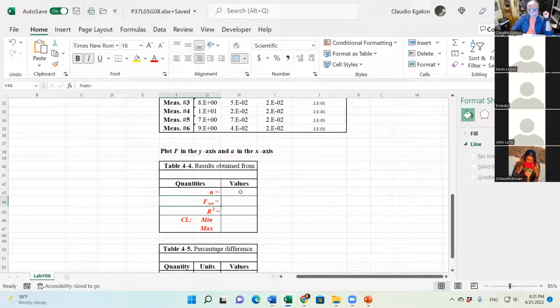From the chart. Six data points, right? F net is the regression equation. So y, which is F net, equals that. Got it. Okay, thank you. And then you type the equation here. R squared, you know what that is, right? Yes.